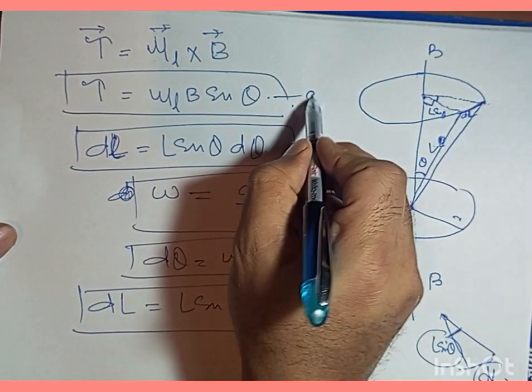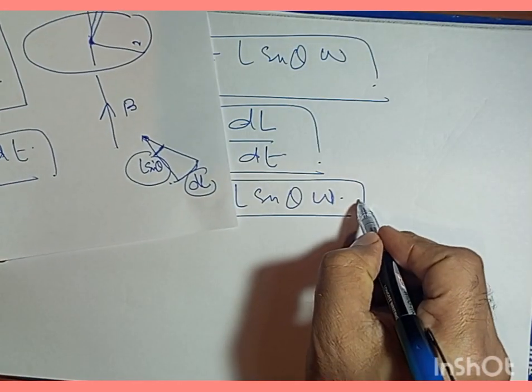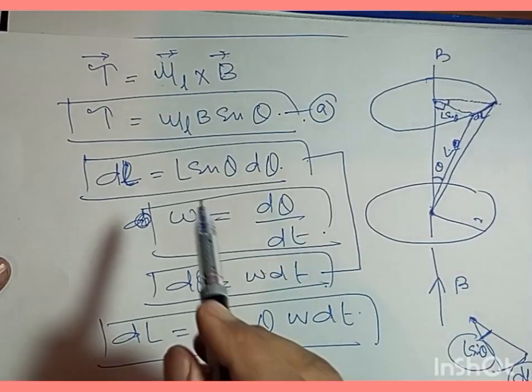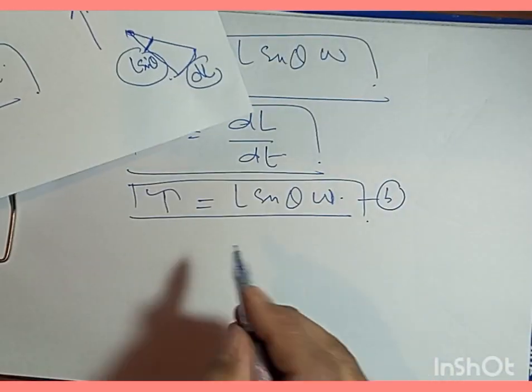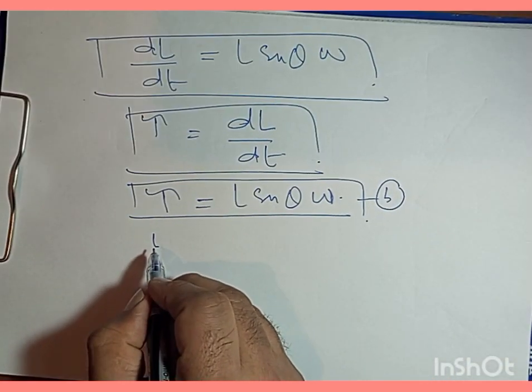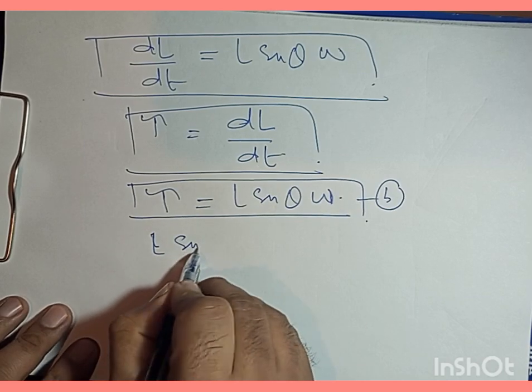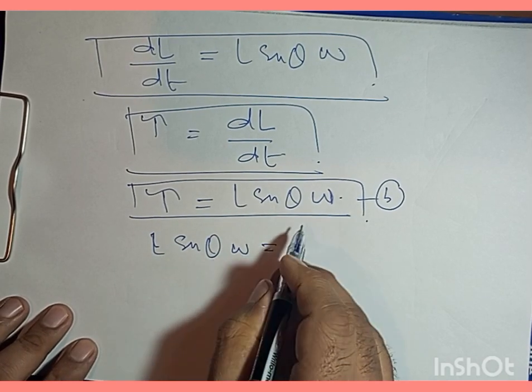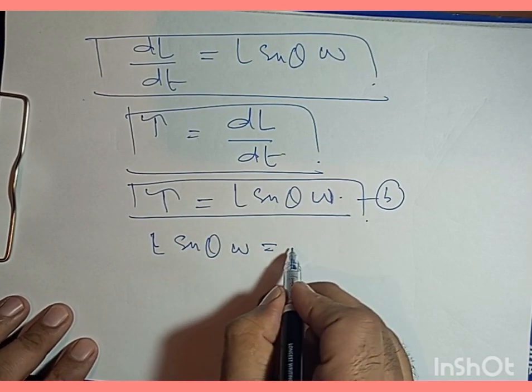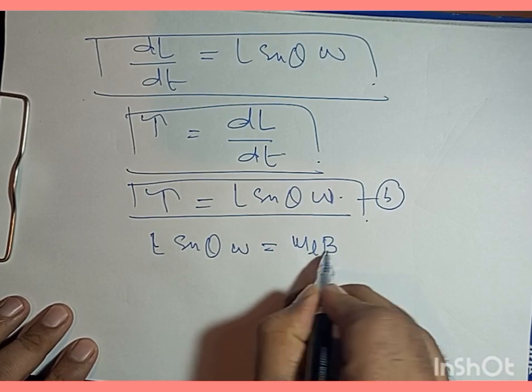If this is my equation A and this is my equation B, I would like to equate the two equations. So what's going to happen is this: L sine theta omega will be equal to mu L B sine theta.